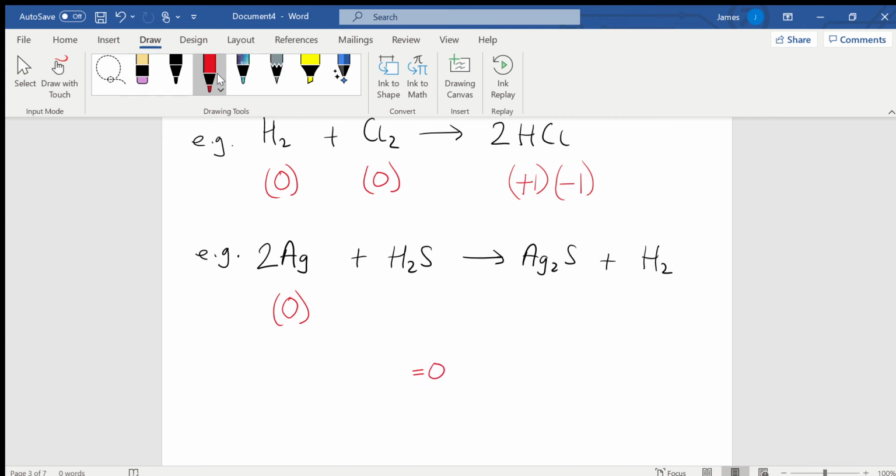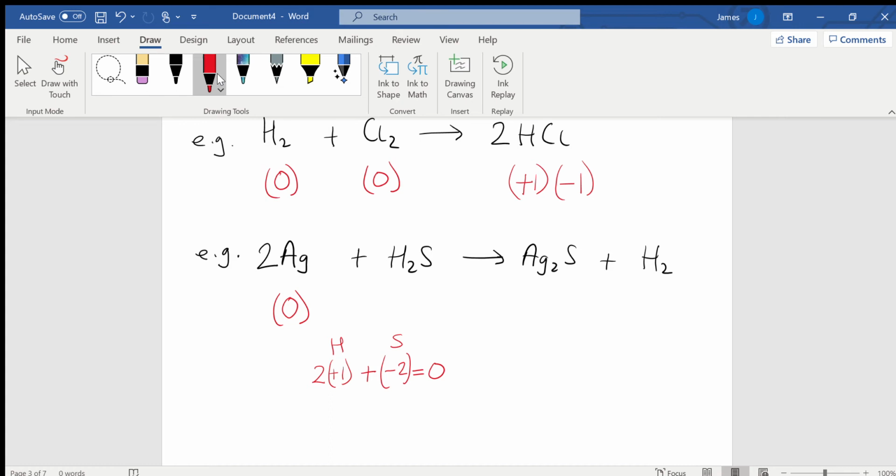If I had to guess who is the more dominant element, I would say it's sulfur. Sulfur, we know, likes to form a -2 charge. It's in the same family as oxygen. And I know that hydrogen, and I've got 2 of them, likes to form a +1 charge.